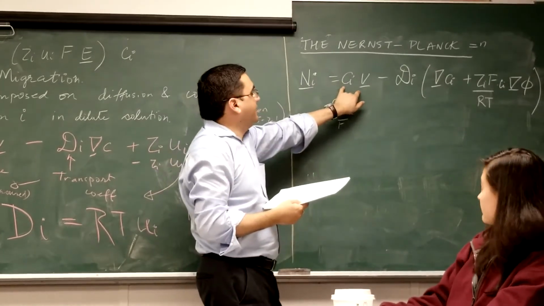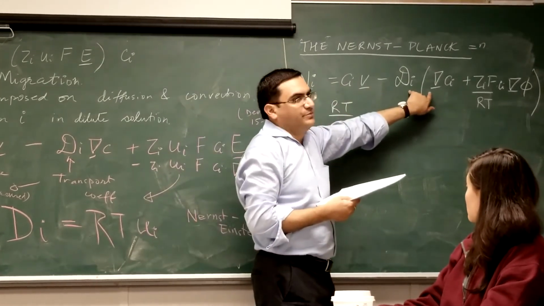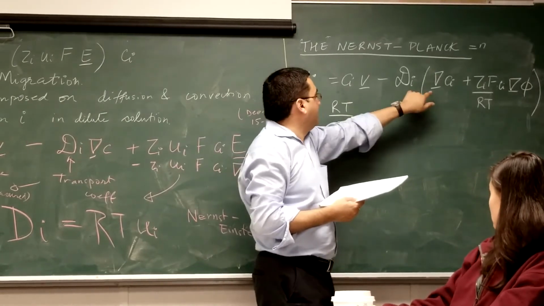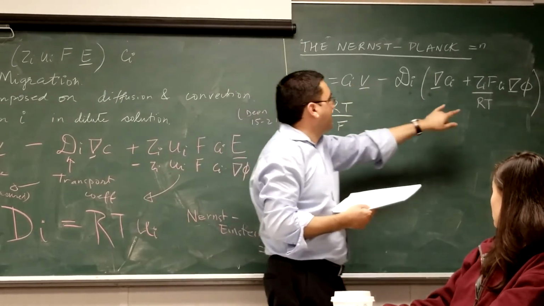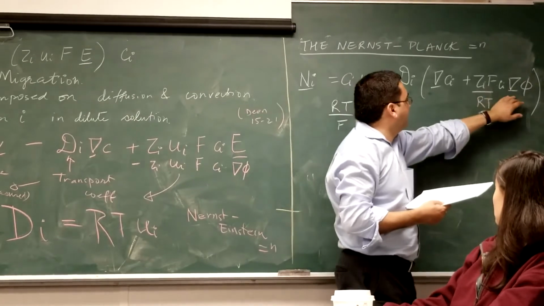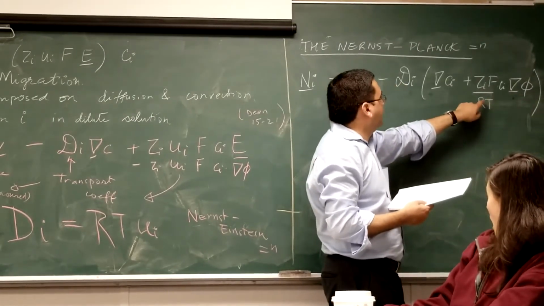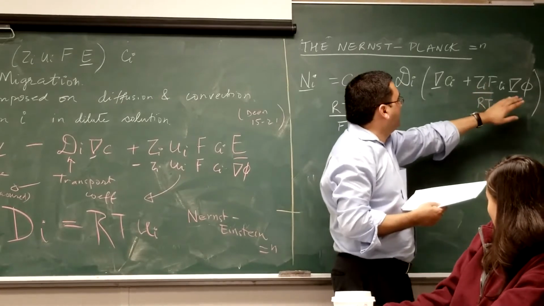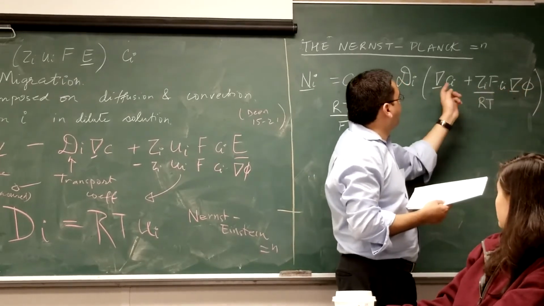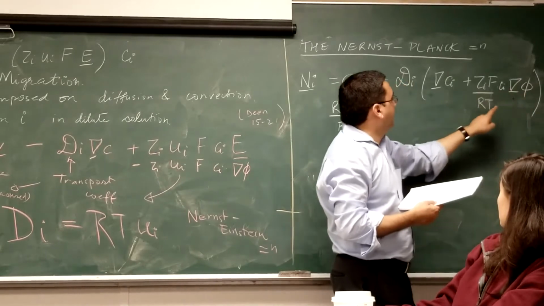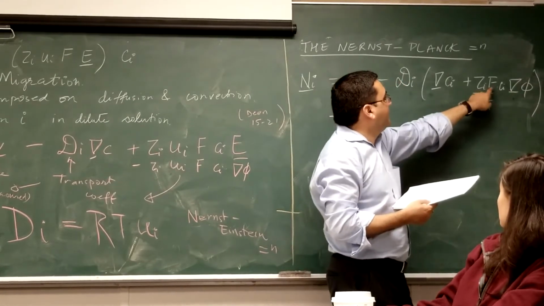This we already remember should be the same units as Ci times v, so that's all fine. And here we have other things. You have gradient in potential, and you have RT, and you have F. So one way everything becomes consistent with this is if your potential times F divided by RT was dimensionless.